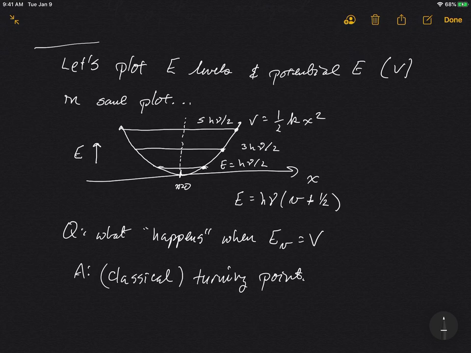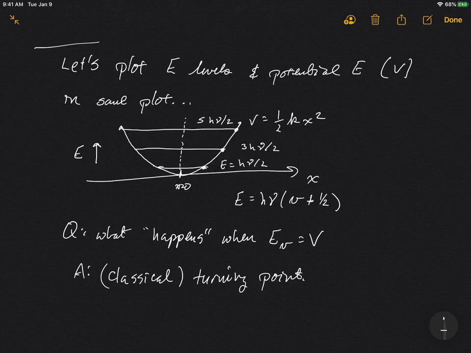That's the point at which, for a classical system, the particle attached to the spring stops at that point and then turns around. So you get this oscillatory behavior where it stops at the classical turning points.